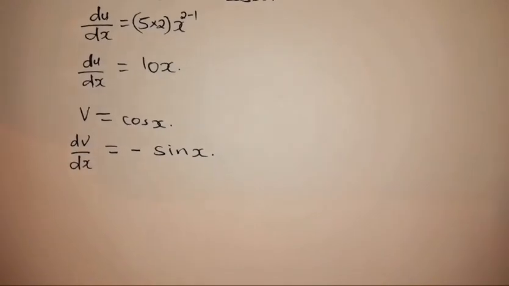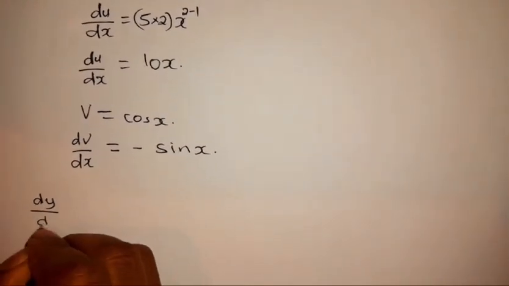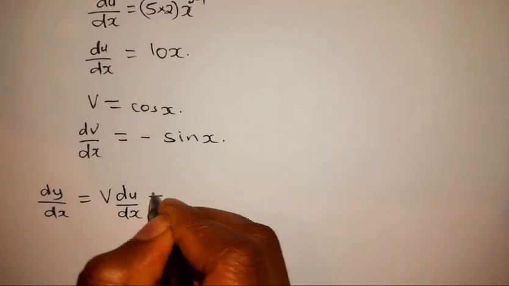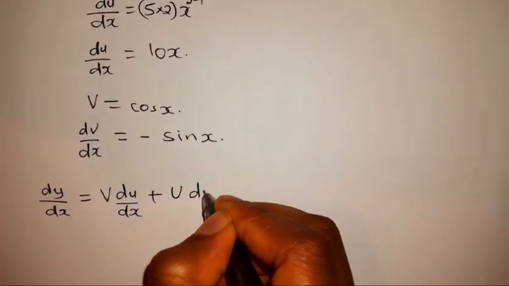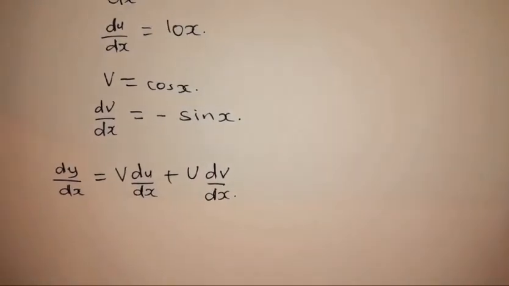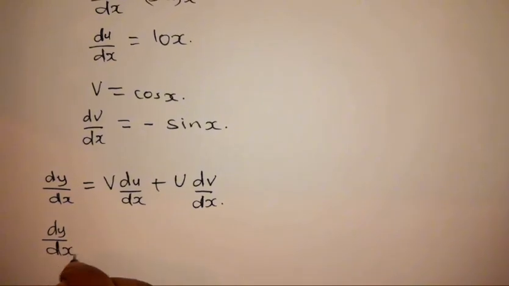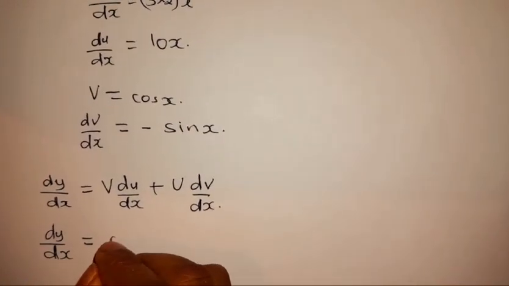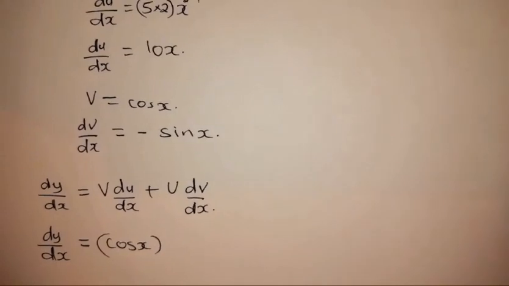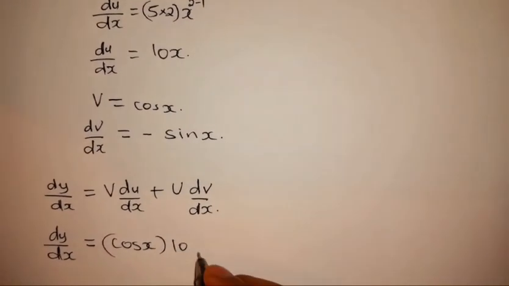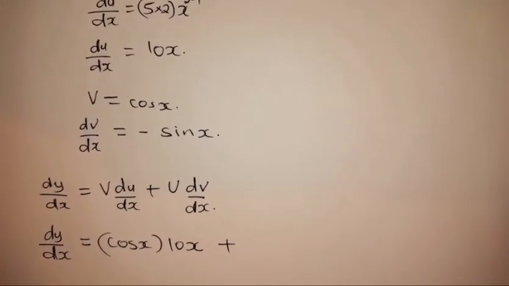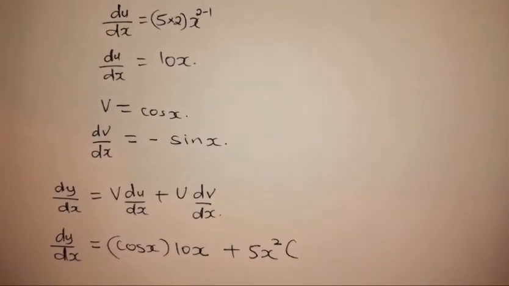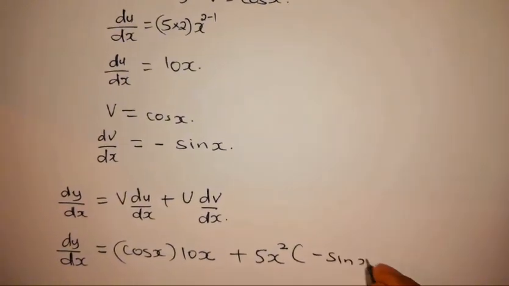With this, we can use our formula, which is dy/dx equals v du/dx plus u dv/dx. Our v is cos x, multiplied by du/dx, which is 10x, plus u, which is 5x squared, multiplied by dv/dx, which is negative sine x.